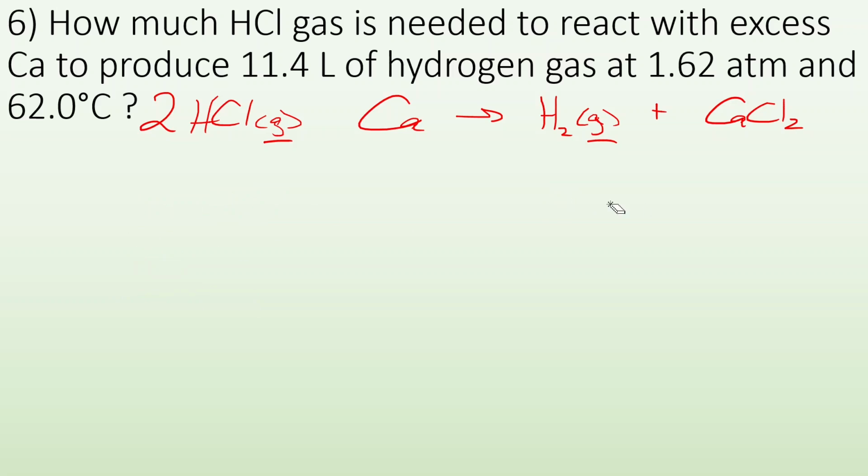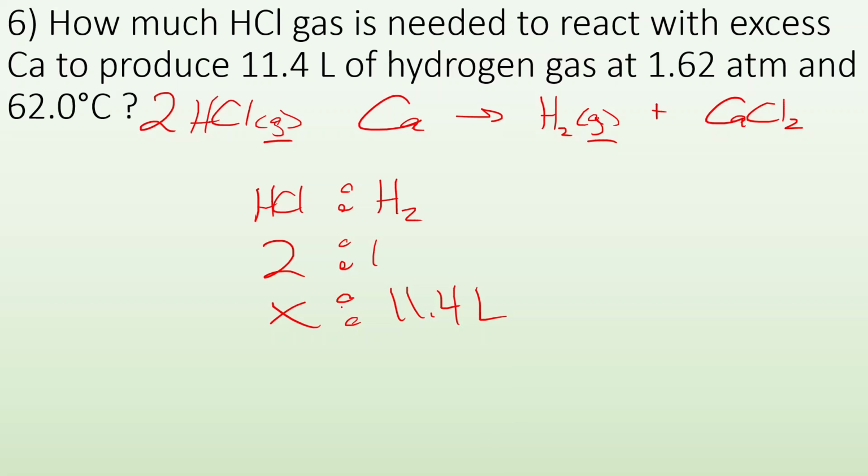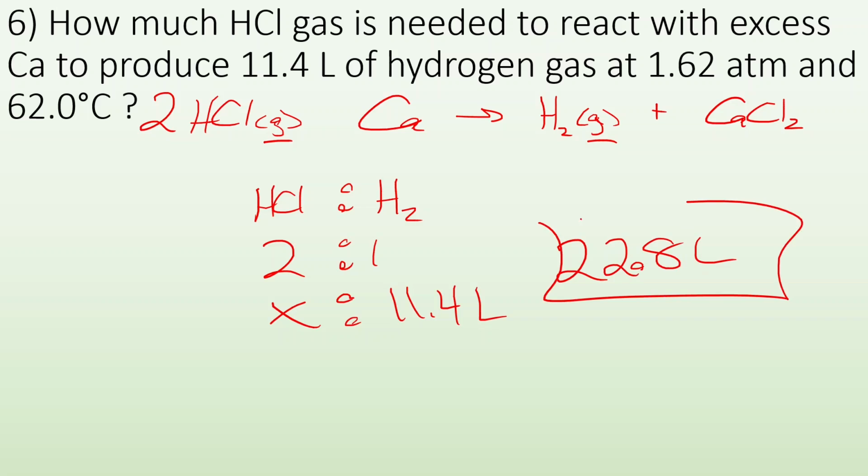So it's just a proportion. The HCl to H2 ratio is 2 to 1. So if I'm trying to make 11.4 liters of H2, how much HCl do I need? It's going to be twice that. So cross multiply and divide, I get 22.8 liters. That is going to be the easy way to do it.